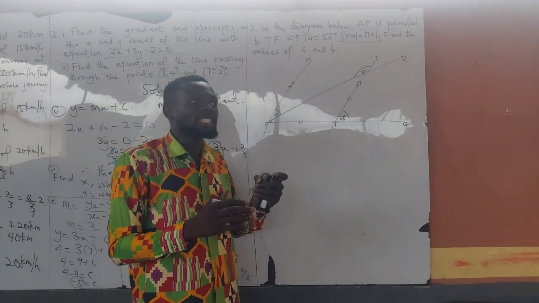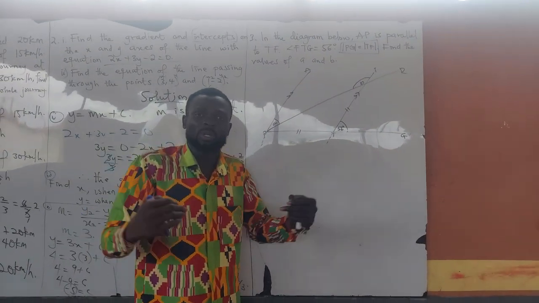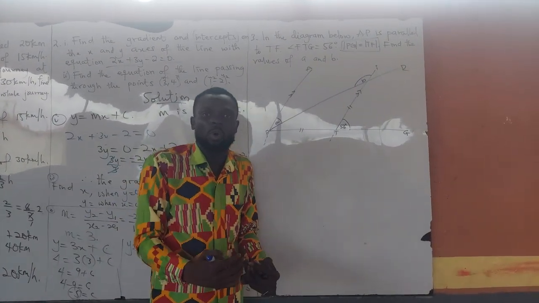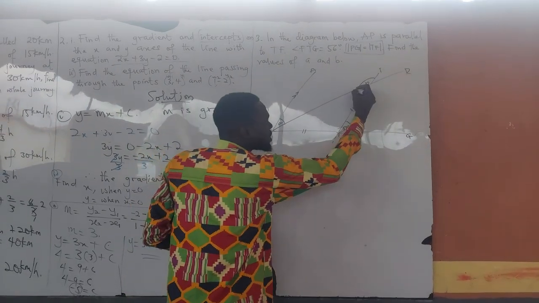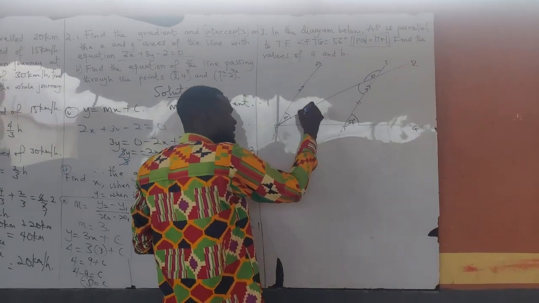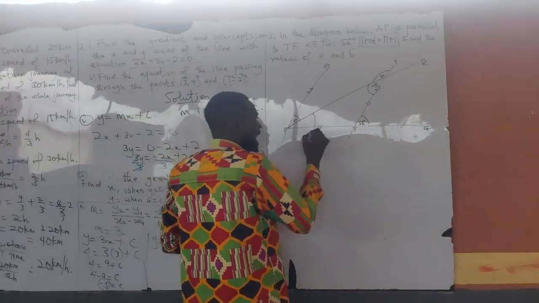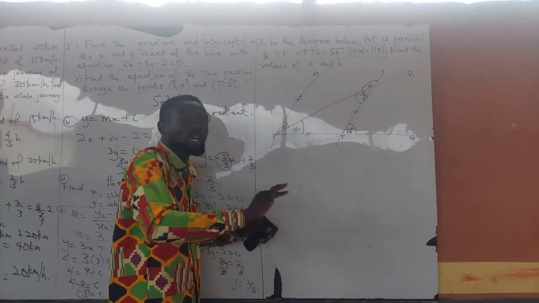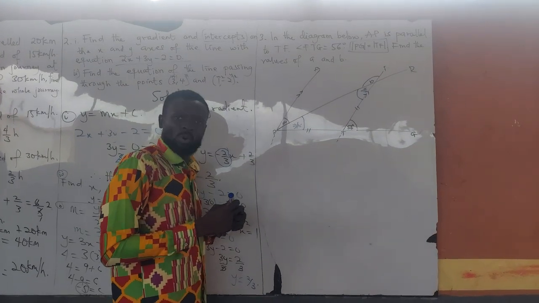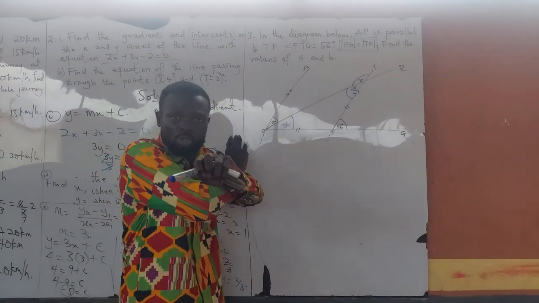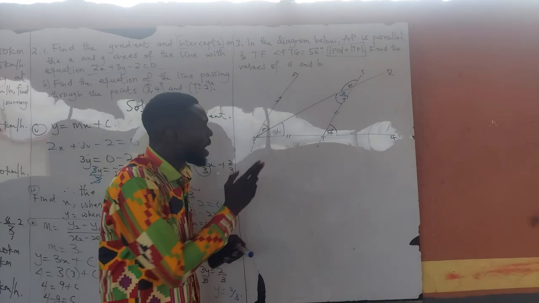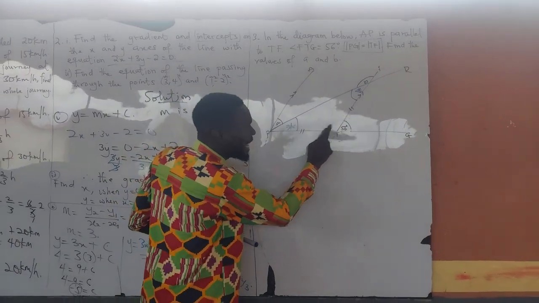Because we were told that in an isosceles triangle, the base angles are equal. These are the base angles. So the angle here and the angle here are equal. So if they are equal, then the problem is solved by first knowing the angle here.